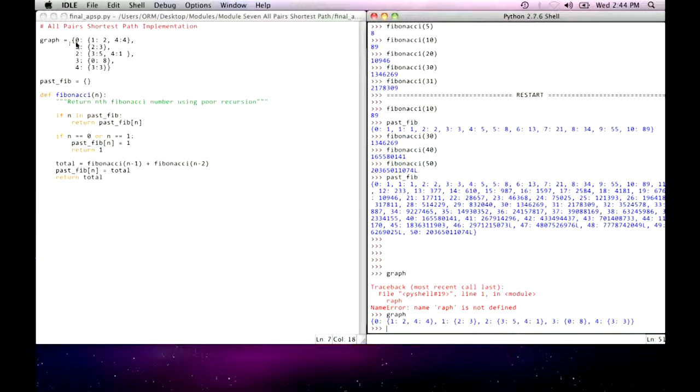So here, I've got a vertex 0 in the graph. He has two neighbors, 1 and 4. The edge from 0 to 1 has a cost of 2. The edge from 0 to 4 has a cost of 4.